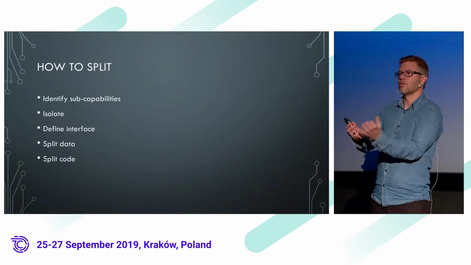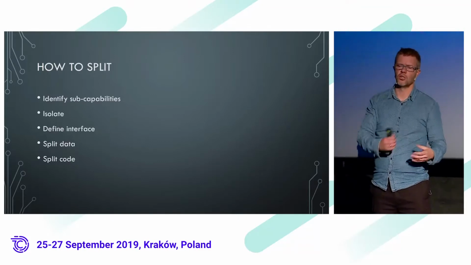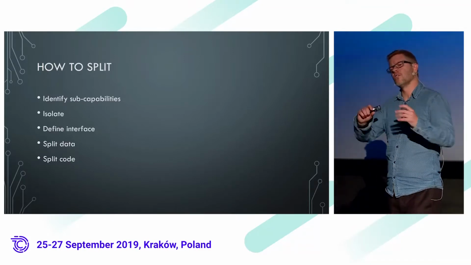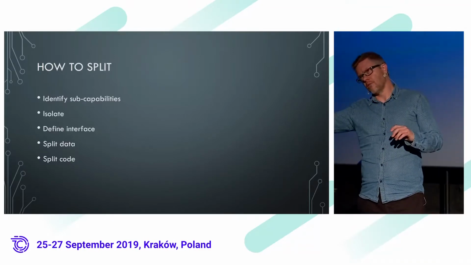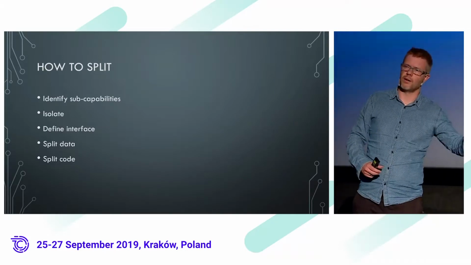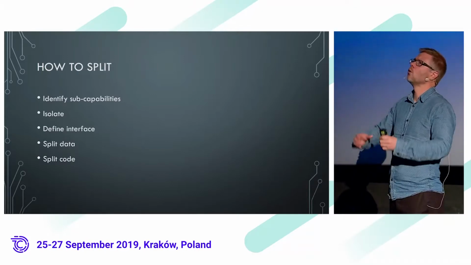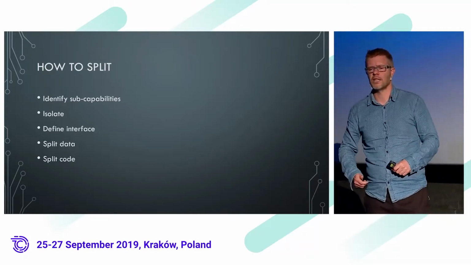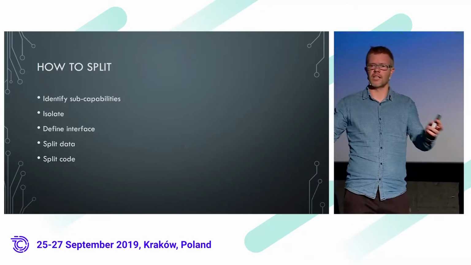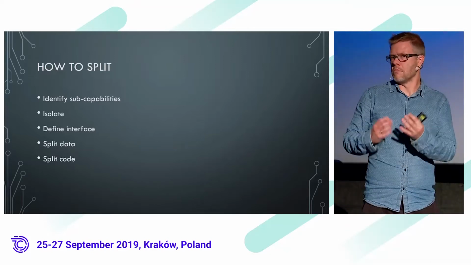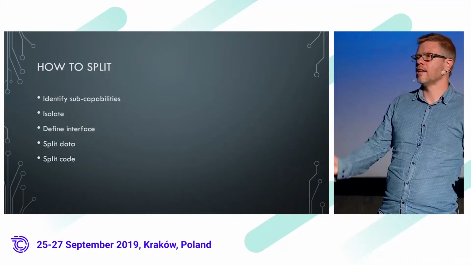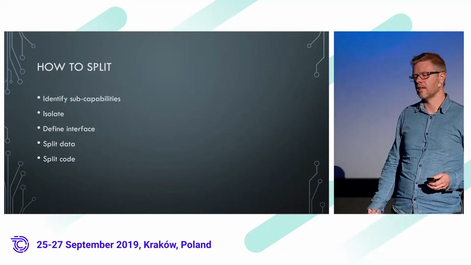But you notice that it's becoming slow to work with, and most of the changes are either to the business logic around eligibility or the business logic around the points. Looking at that and talking to business people, you figure out that's because they're two different capabilities. Then we can isolate each of those in the code base. Maybe it's already somewhat naturally isolated, and maybe it's not.